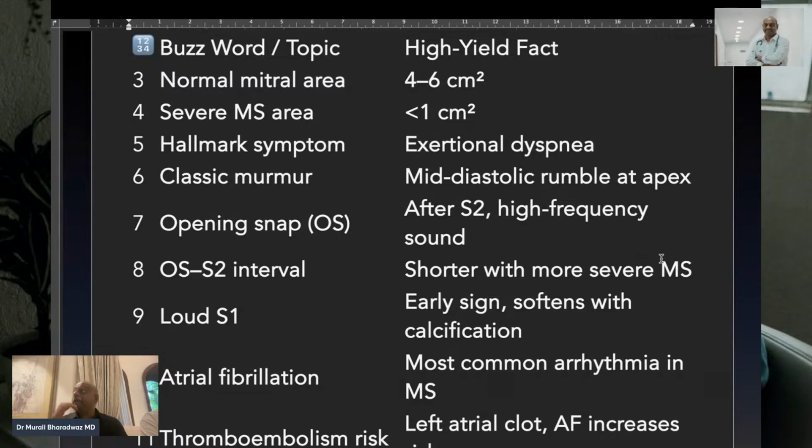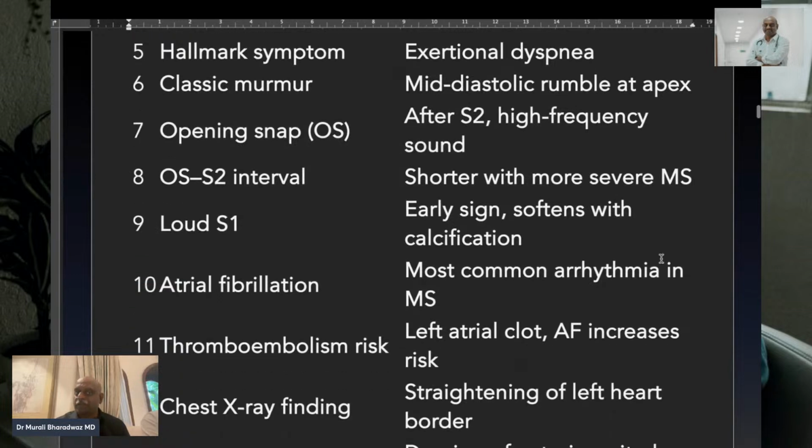That is why there is an opening snap after S2. After S2, diastole. After S1, systole. Lub systole, dub diastole.